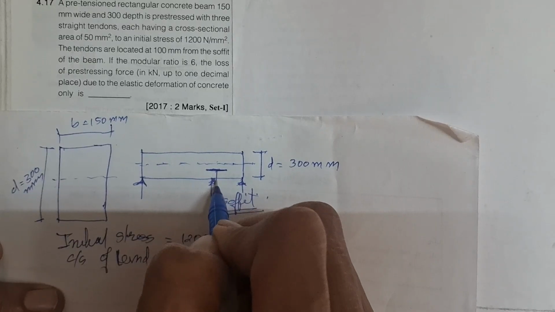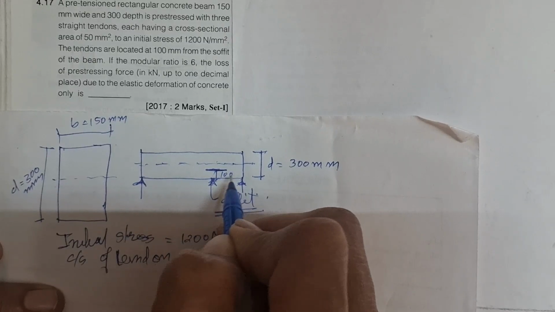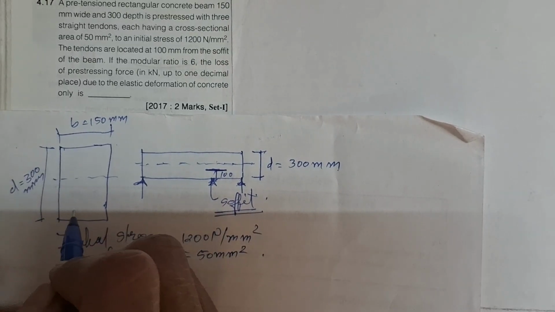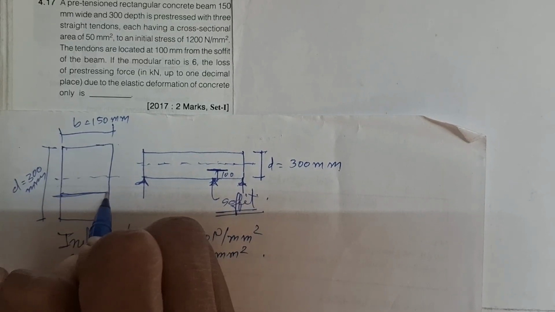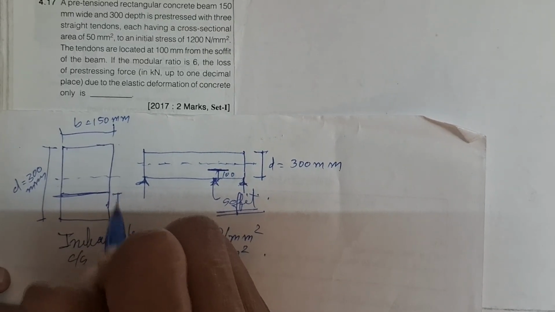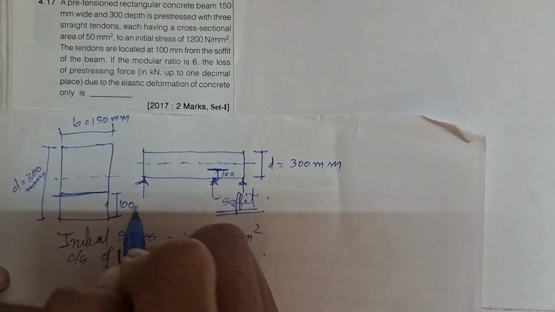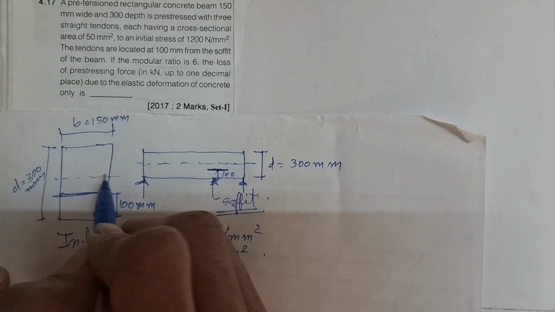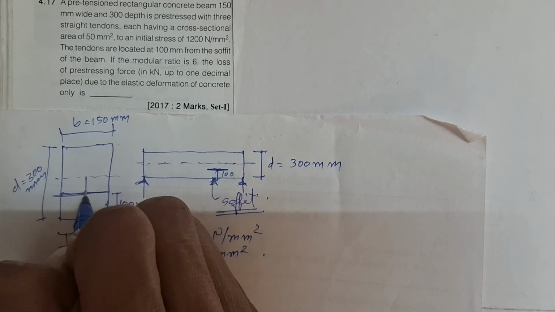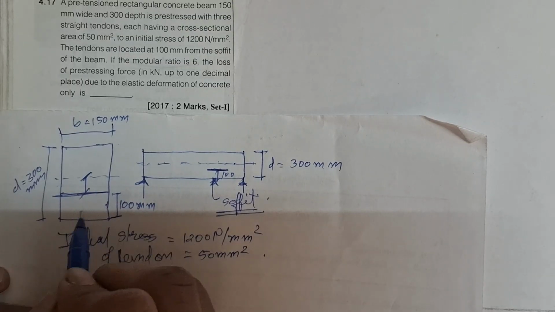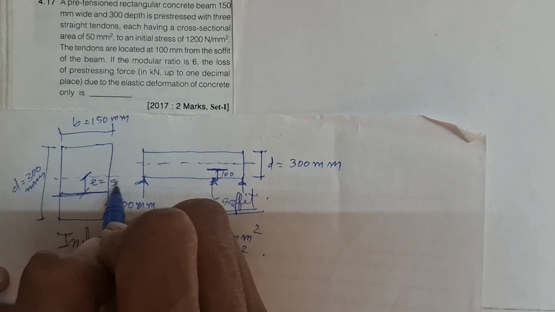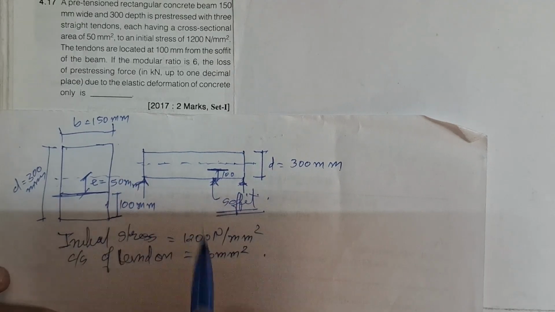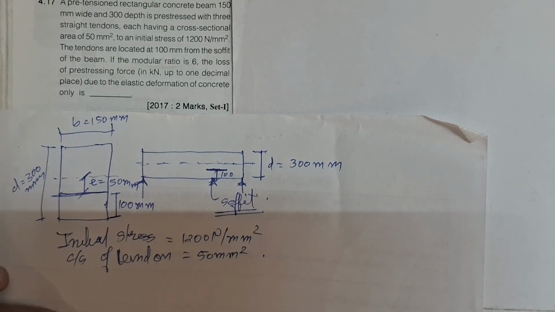Since the total half is 150, this distance I am denoting by small e, so it will be 50 mm. It is very simple to understand. So e is 50 mm.